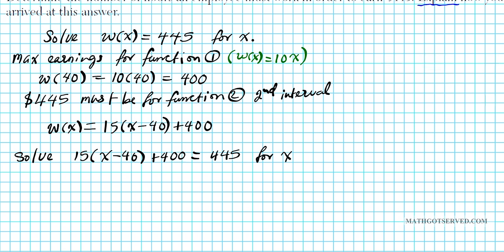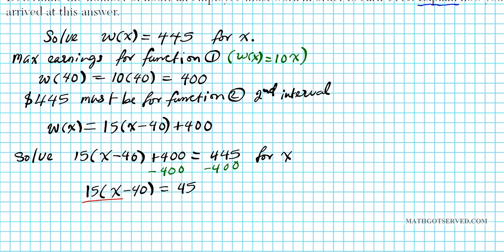Okay, we want to solve this equation for x. This tells us the number of hours that an employee must work in order to earn $445, all right? So this is an algebraic equation. We can do this in 3 steps. Get rid of 400, 15, and then negative 40. Subtract 400 from both sides. That yields 15 times x minus 40 equals positive 45.